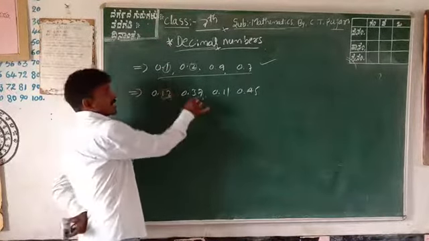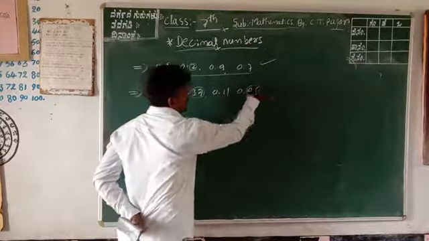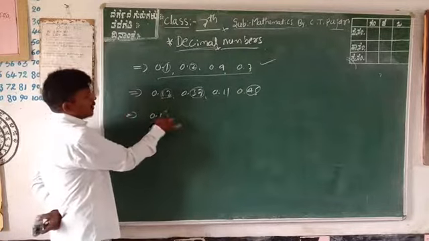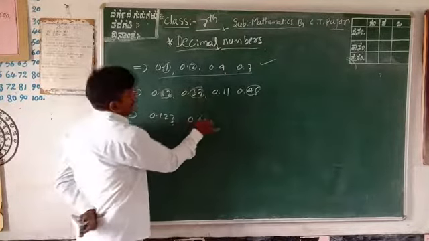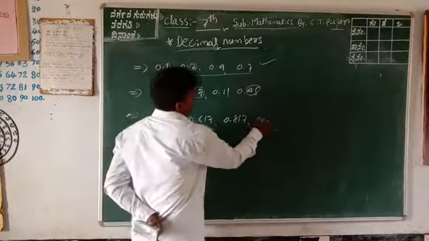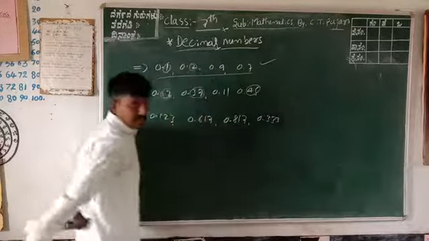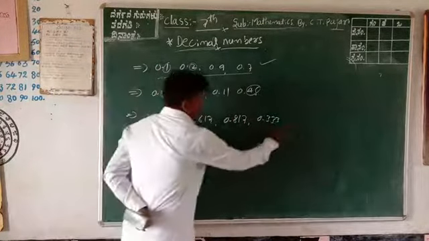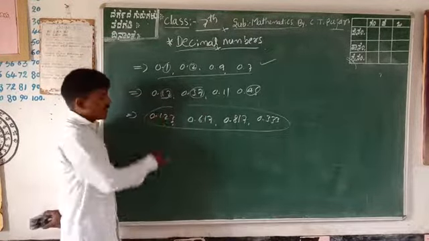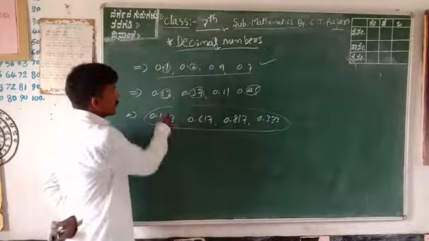Next is also 0.123, 0.617, 0.817, or 0.333. These are also decimal numbers. The decimal places here are 3. In the earlier ones, 2 decimal places.